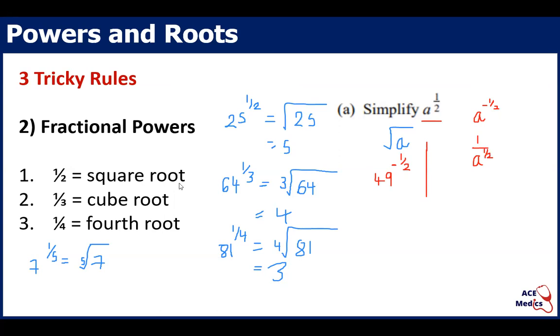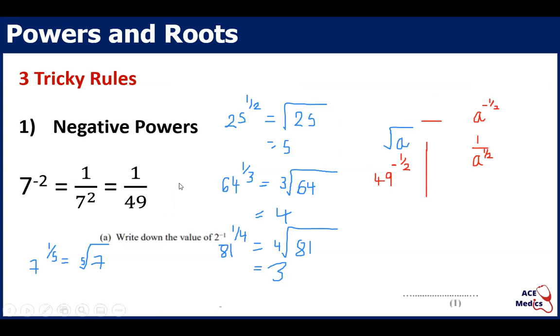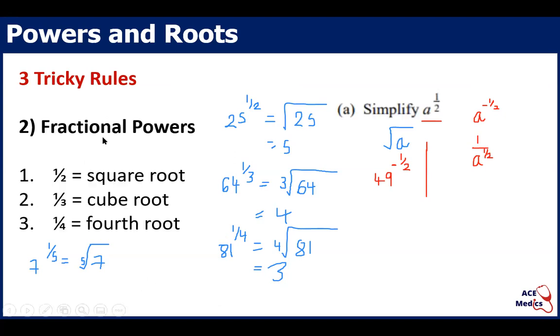So over here, where you flip it, we have now just done it with a fraction. And 1 over a to the power of a half is 1 over root a. So we can do that for this question, 49 to the power of minus a half.